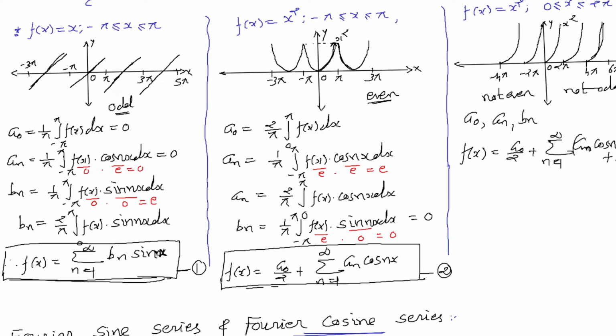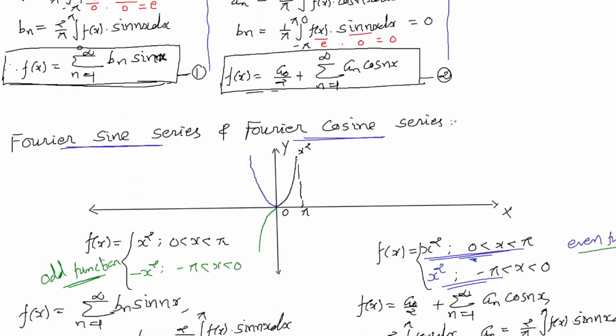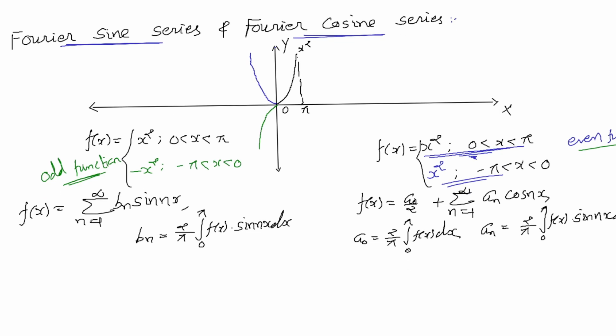If function is odd, then what is a0, an and bn? When function is even, then what is a0, an and bn? And therefore, what about the Fourier series? Then we apply the same concept to define Fourier Sine series and Fourier Cosine series.